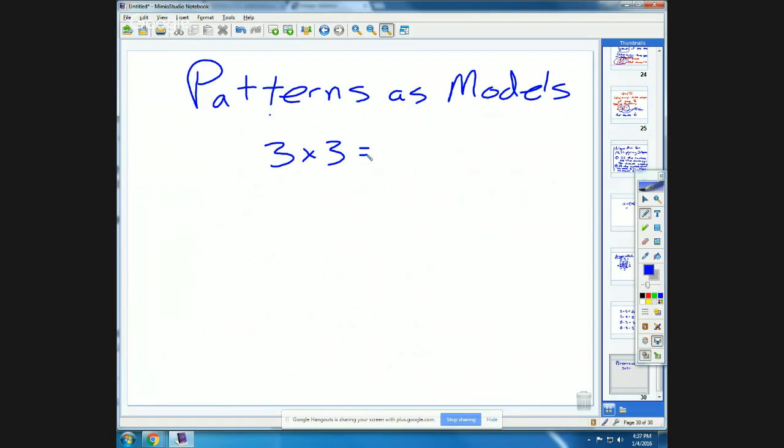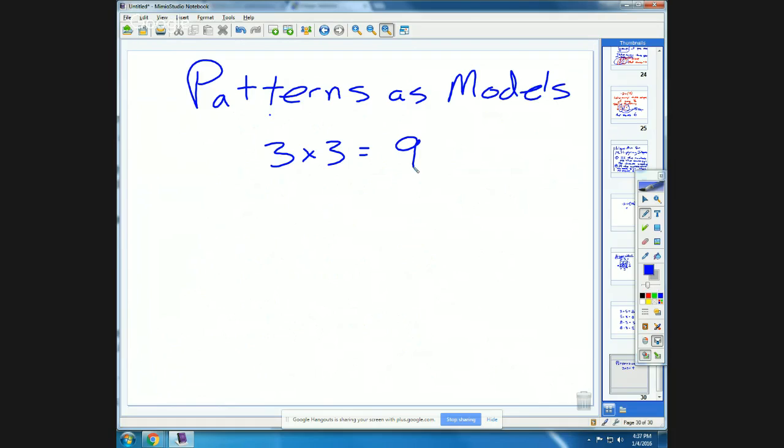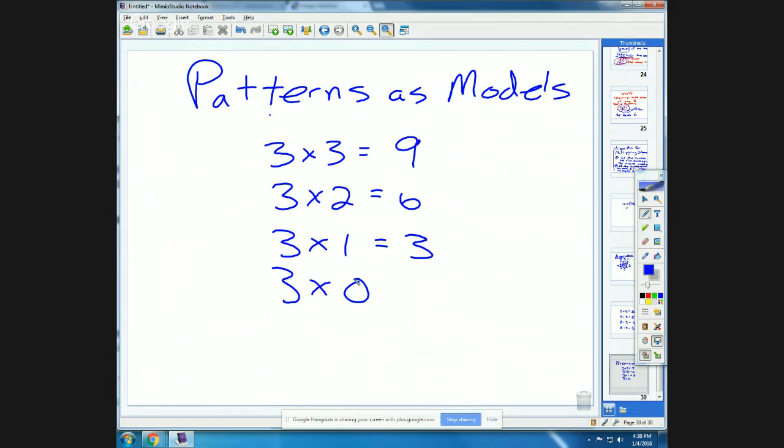We all know that. We studied that last year back in 3rd grade. 3 times 3 is 9. And some of us still have to count on our fingers, and that's okay. 3 times 2. 6. Okay, good. 3 times 1. Great, beautiful. 3 times 0. 0. Okay.